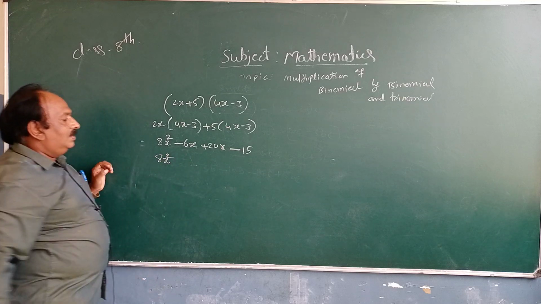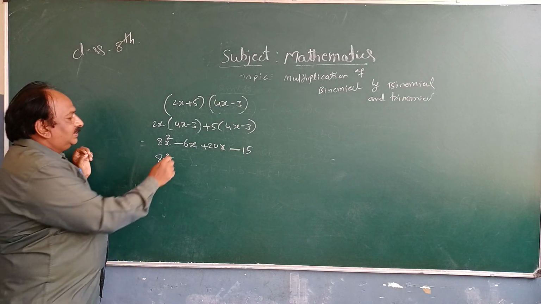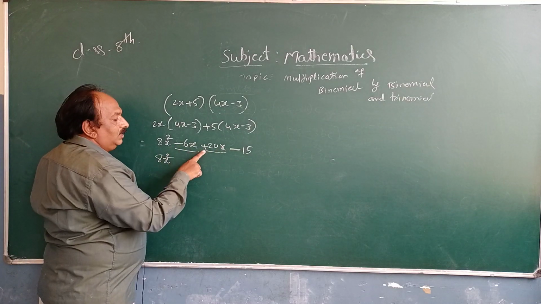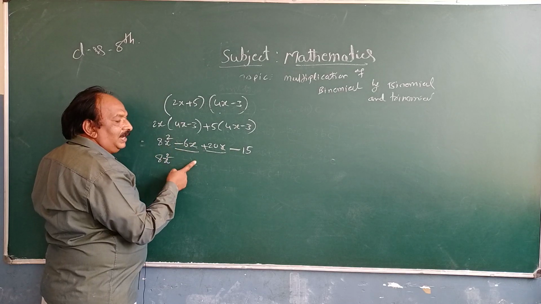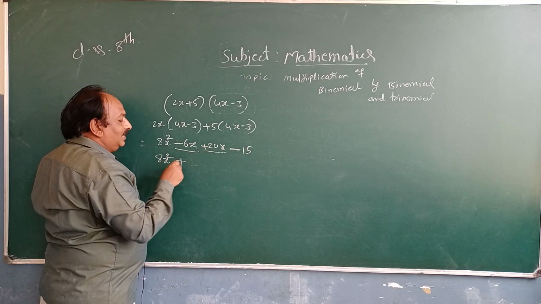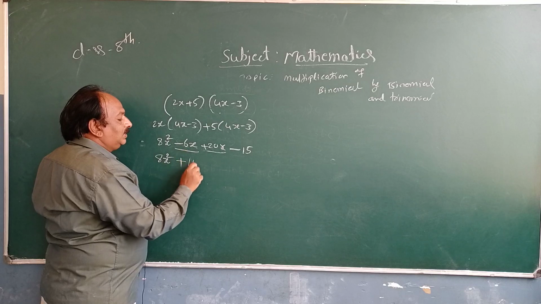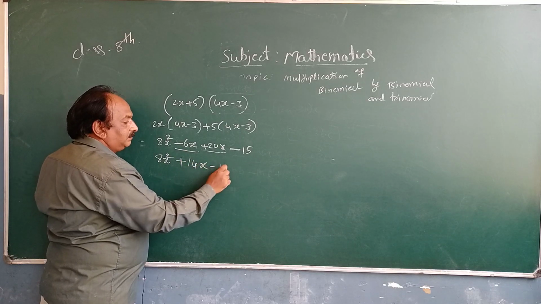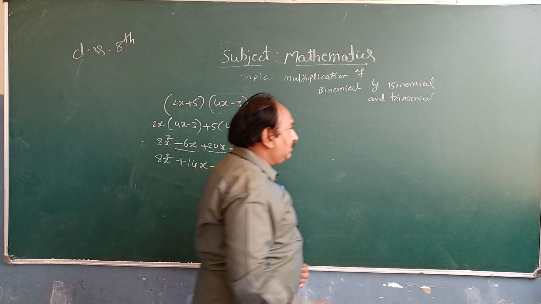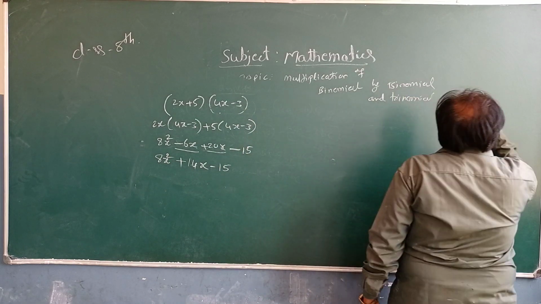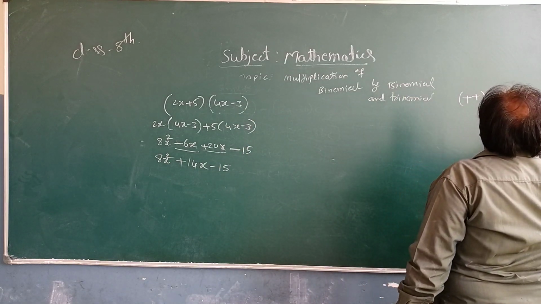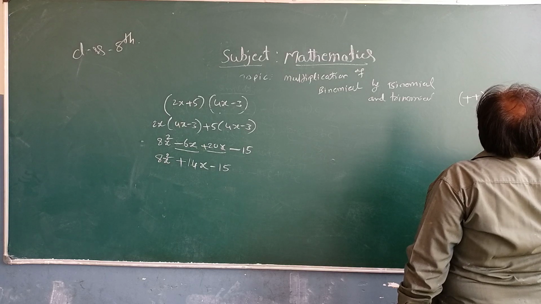Next, observe which are the like terms: 6x and 20x. One is plus, another is minus. Subtract, greater number plus, 20 minus 6 is 14x, minus 15. You have to remember this. Both are plus: add and write plus sign.